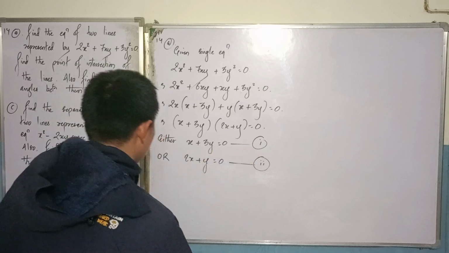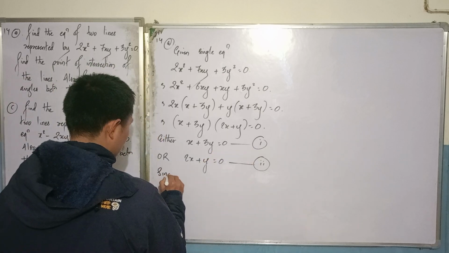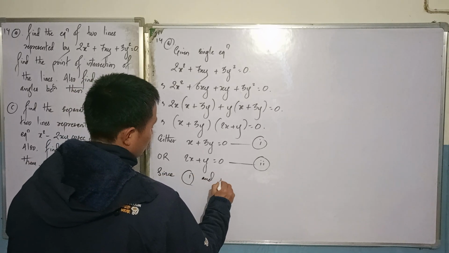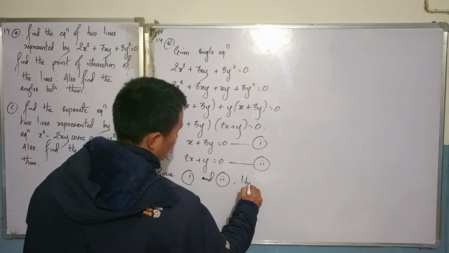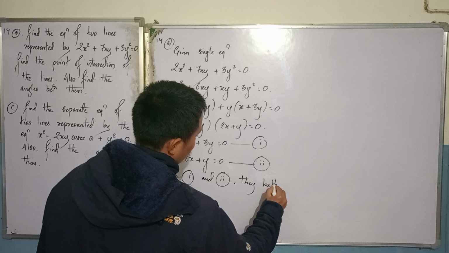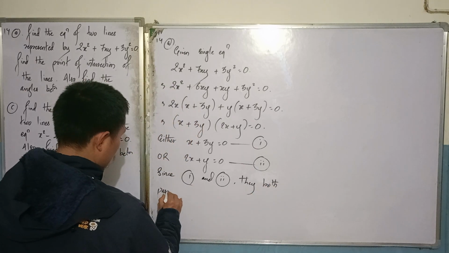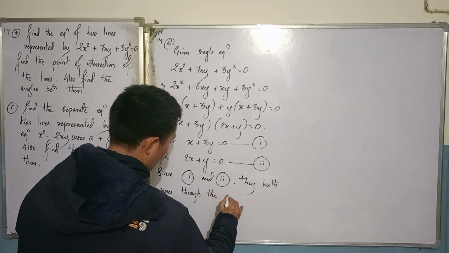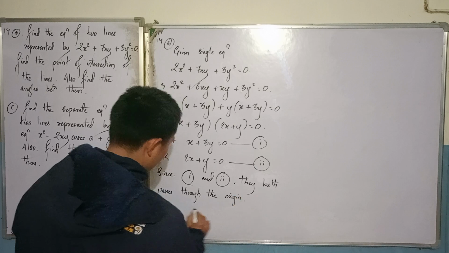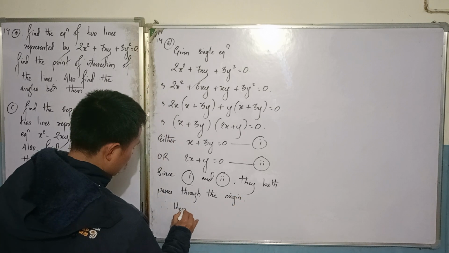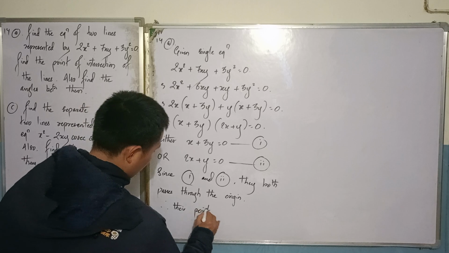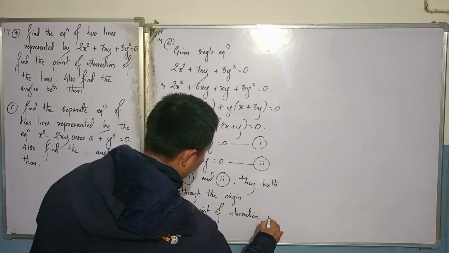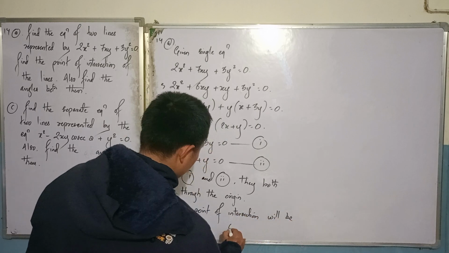Since I and double I both pass through the origin, therefore their point of intersection will be 0, 0.